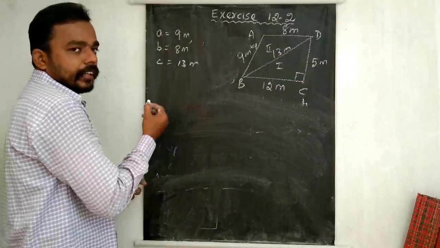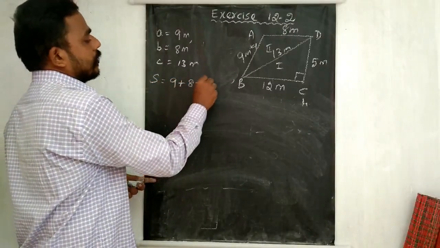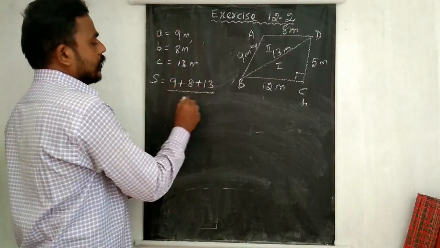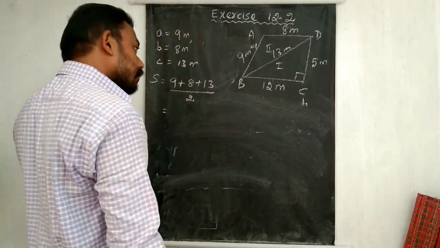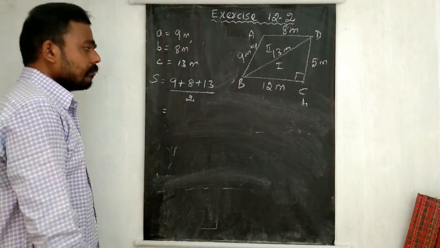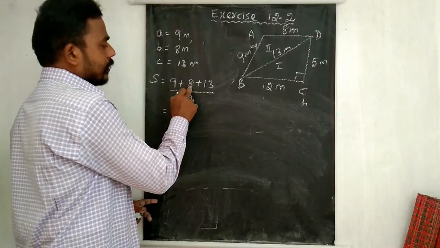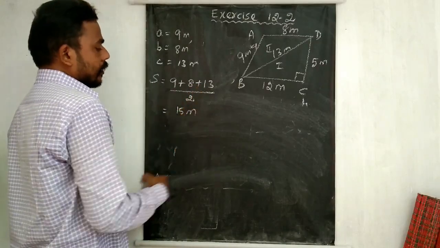Now we need to find s. s equals the semi perimeter, 9 plus 8 plus 13 divided by 2. 9 plus 8 is 17, plus 13 is 30, divided by 2 is 15.